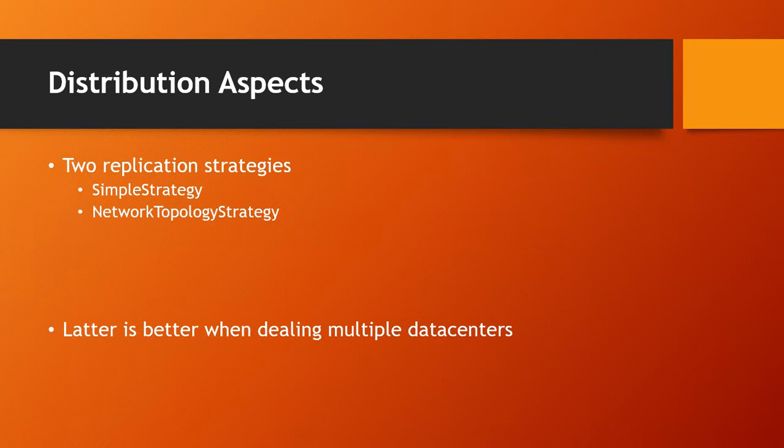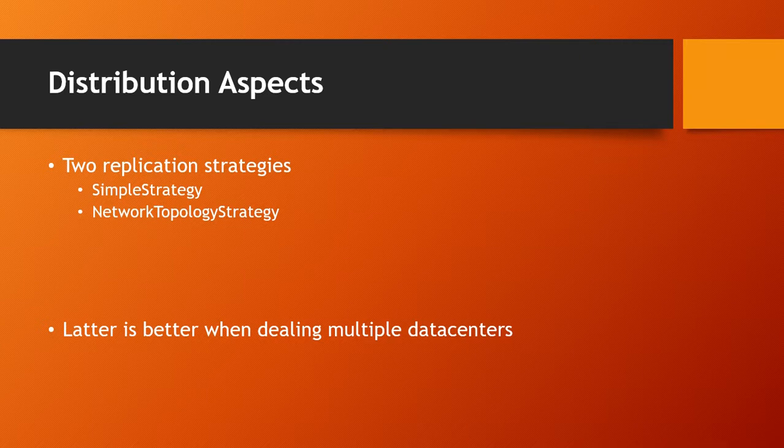Apache Cassandra supports two replication strategies, and one of them is the simple strategy, so named. It is, as we can understand, a simpler strategy usually used by those that do not have a high number of nodes.